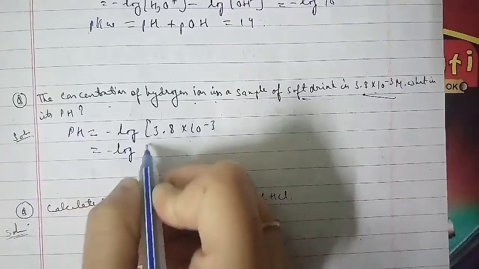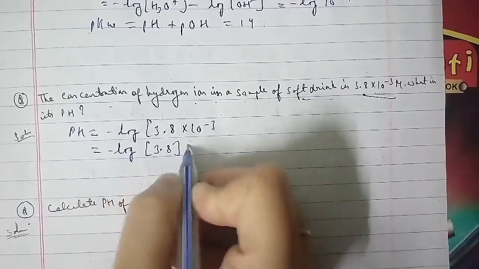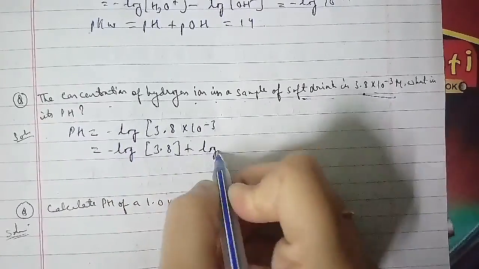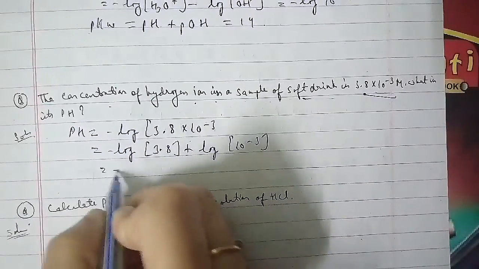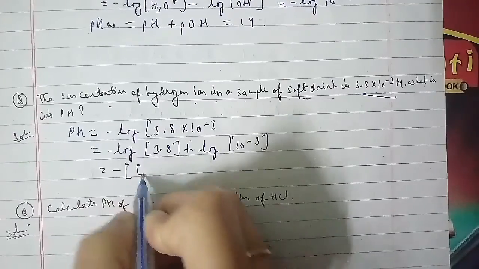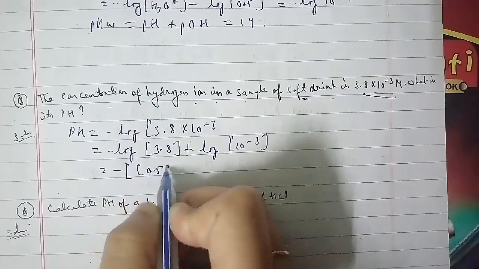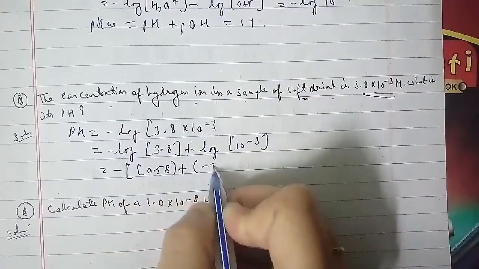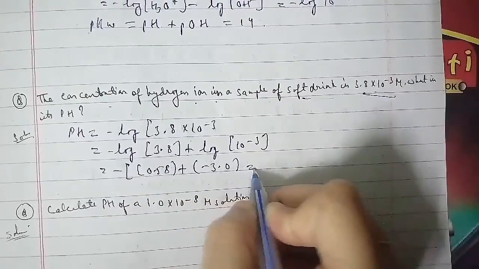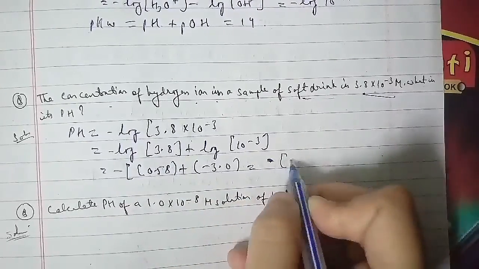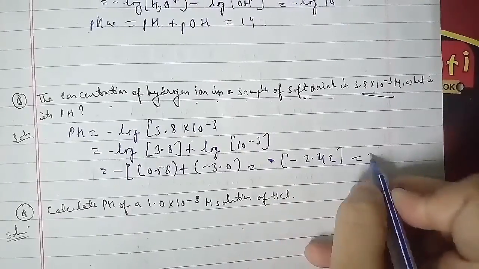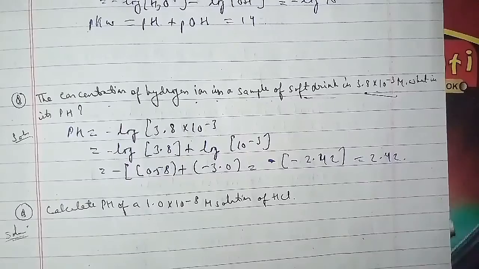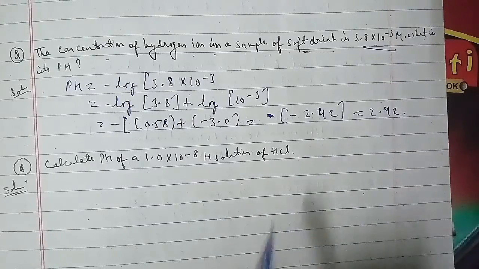Now we will go ahead with another question: calculate the pH of 1.0 into 10 to the power minus 8 M solution of HCl. In regard to that, let's solve it out. 2H2O in liquid form gives H3O+ aqueous plus OH- aqueous.